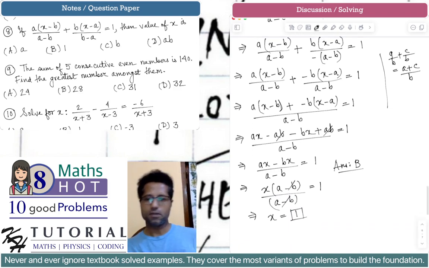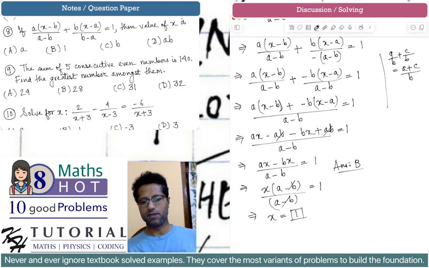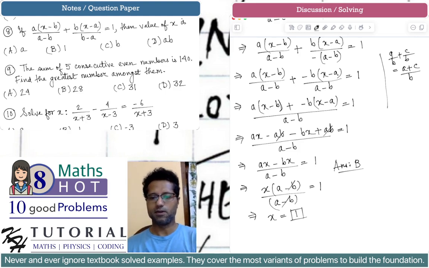And then if you simplify the numerators, you will see that minus ab and ab cancels out, and we are left with ax minus bx, and from ax minus bx you take x as common factor, and we get x into a minus b, and the denominator was a minus b, so the factor of a minus b in the numerator gets cancelled out, and we get x equals to 1.